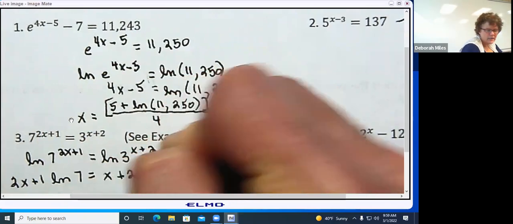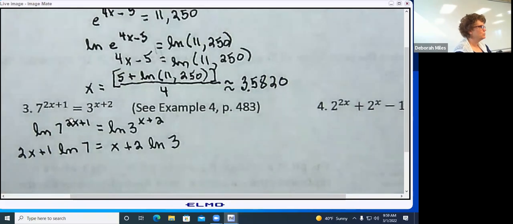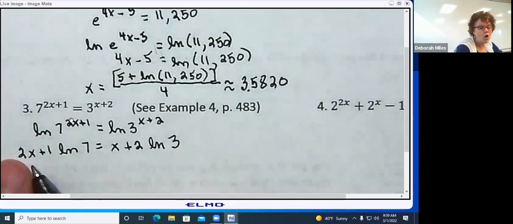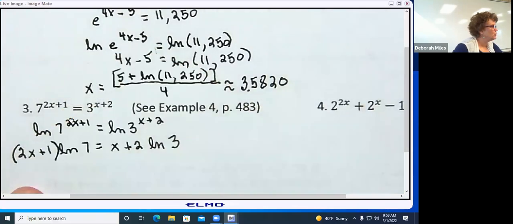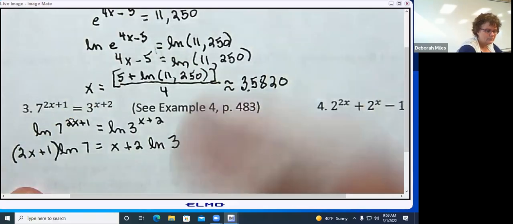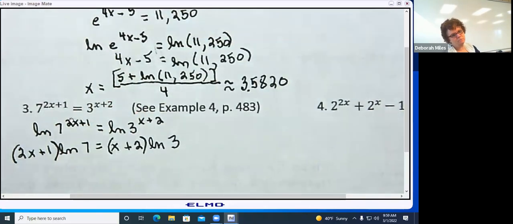Whenever I say I made the most common mistake, it usually has something to do with parentheses. If I want to indicate that that whole 2x plus 1 was the exponent, I have to have the whole 2x plus 1 in parentheses. Same thing on the right-hand side, I need the x plus 2 in parentheses.